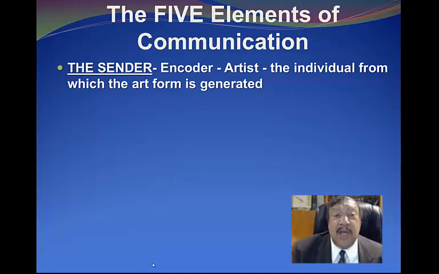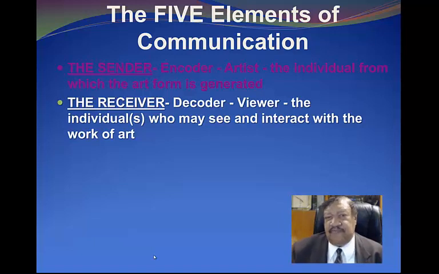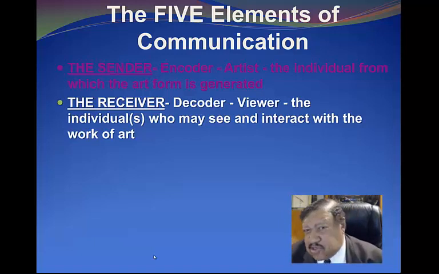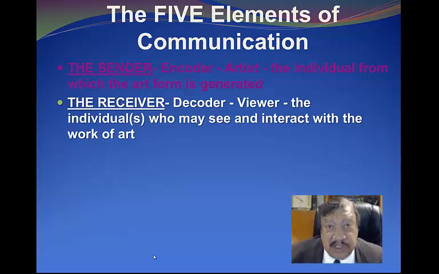He became the sender, or in this case, the artist. Then you have a receiver, and that's the person who looks at the work of art. And we are all viewers, the individuals who may see and interact with the work of art.